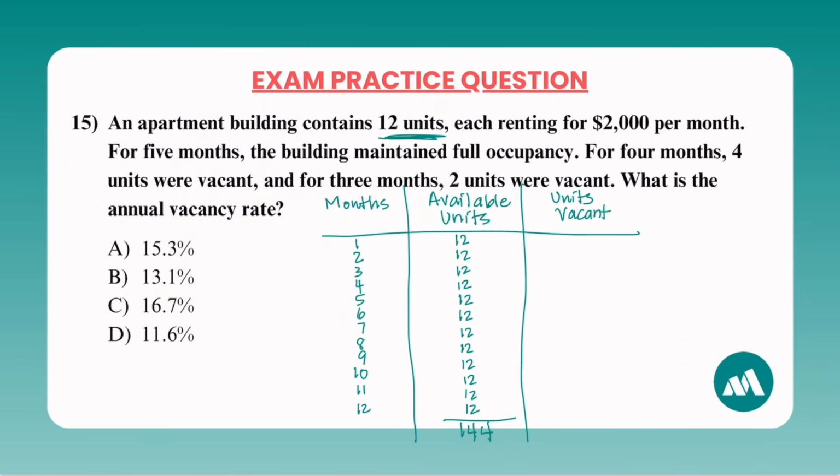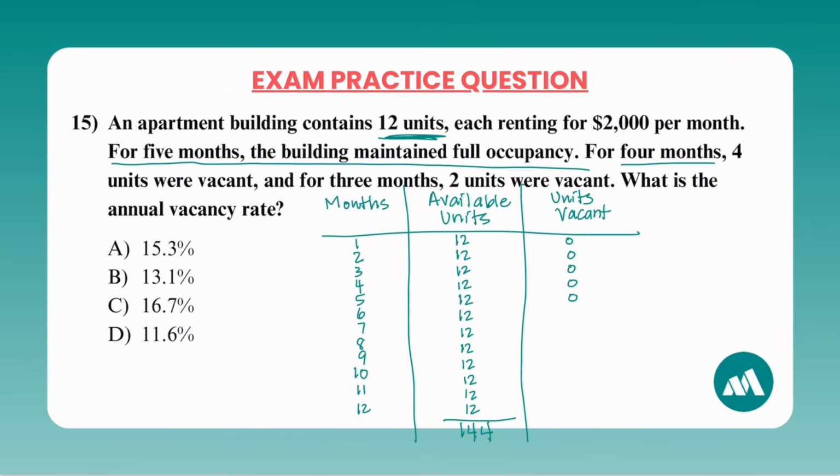units throughout the year. Now let's see here how many units are vacant. Well, according to this scenario, we see that 5 months we had full occupancy, which means 0 units were vacant. So 1, 2, 3, 4, 5 were at 0. They were full occupancy, 0 vacancy.